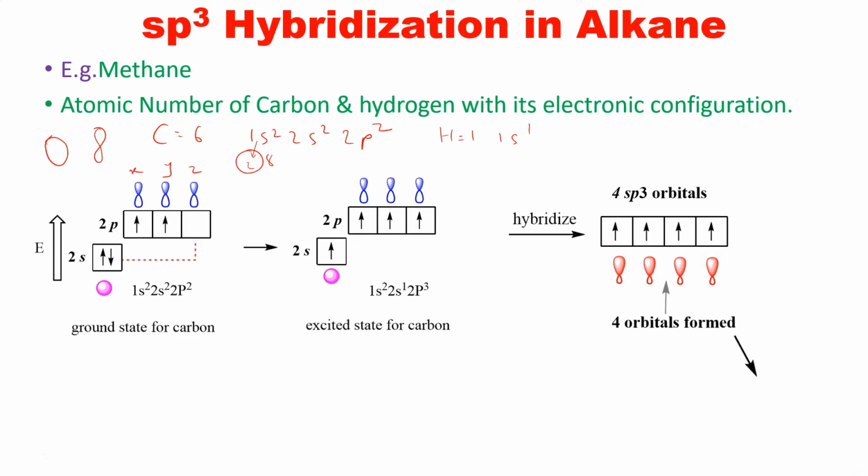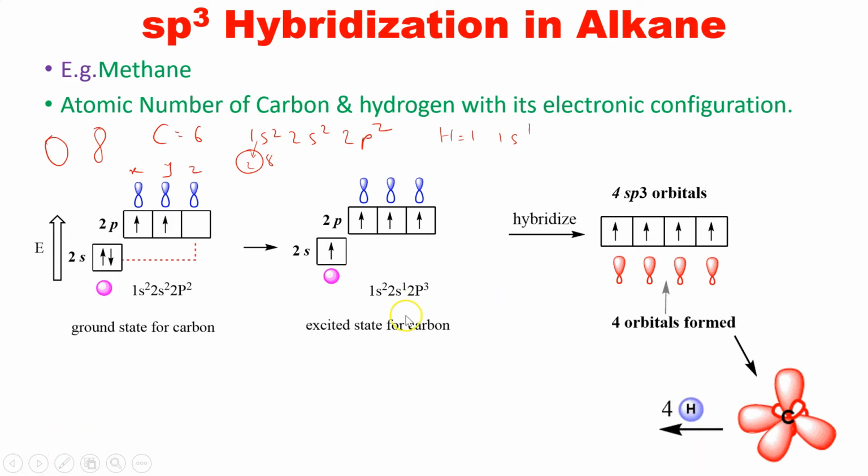Now further, you can see that there are 4 orbitals now, and these 4 orbitals are around the carbon, and the angle between them is 109 degrees and 28 minutes. So we will come to that point also.